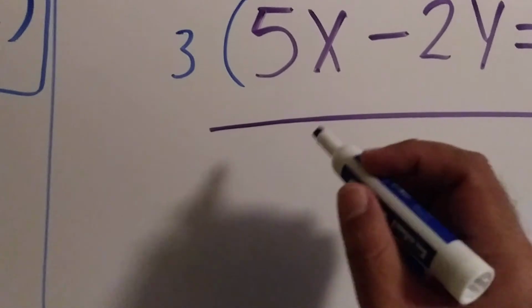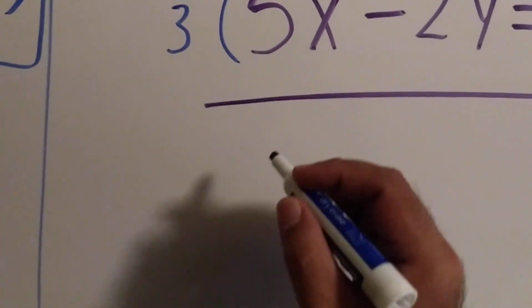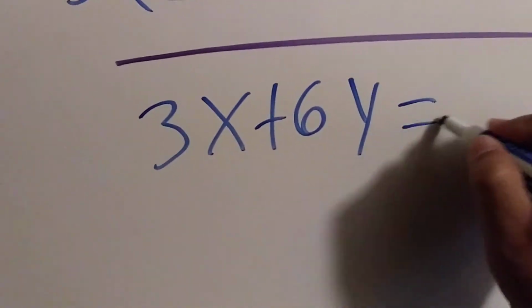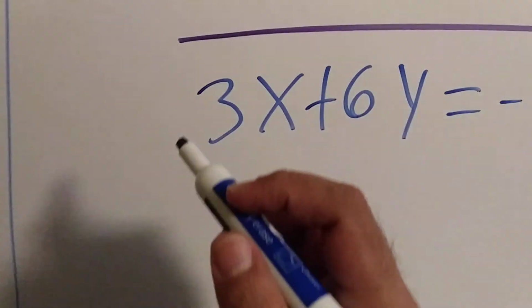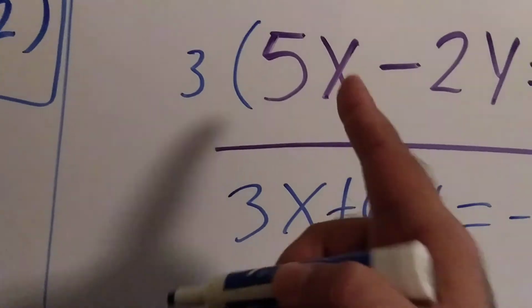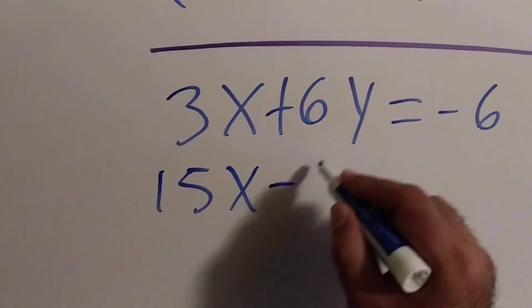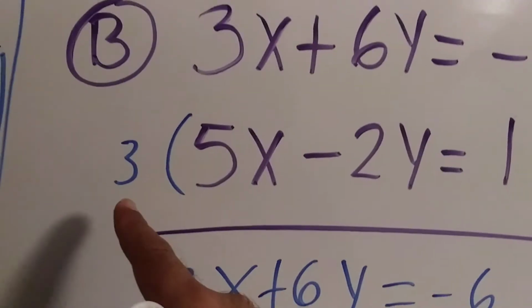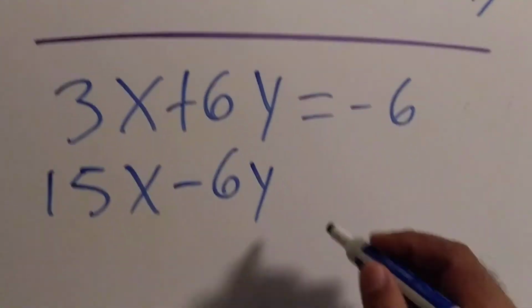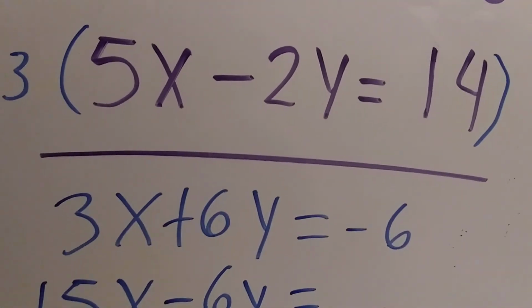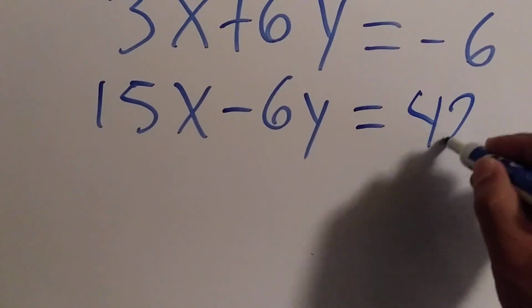I'm just going to recopy the first equation: 3x plus 6y equals negative 6. The second equation is going to be 3 times 5, which gives us 15x, minus 6y, because we're distributing that 3 times the negative 2y, equals 3 times 14, which gives us 42 here. Okay?